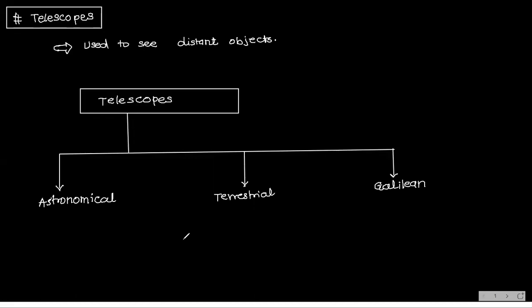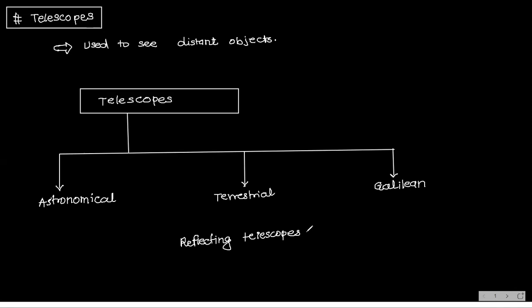another category of telescopes we can see, that is reflecting telescope and refracting telescope. Reflecting telescopes will use mirrors.